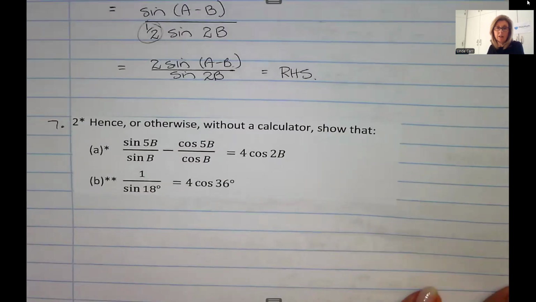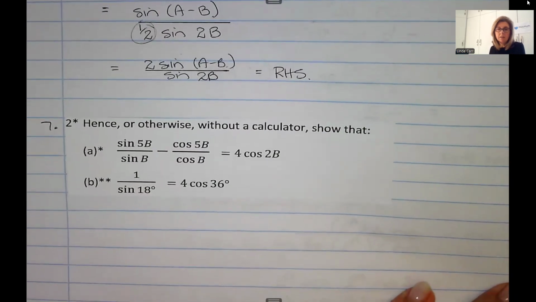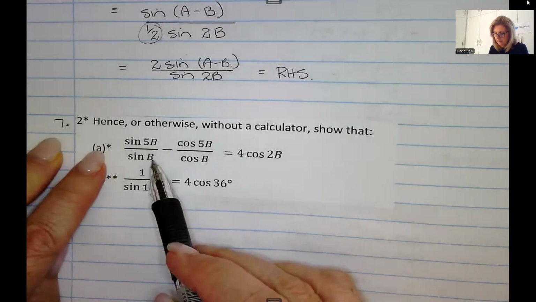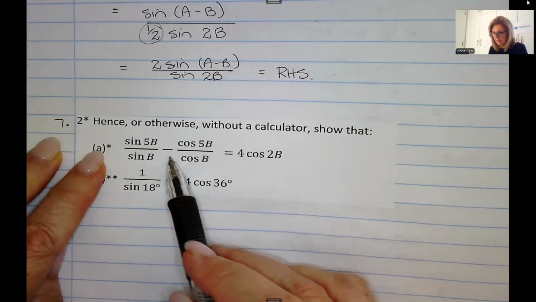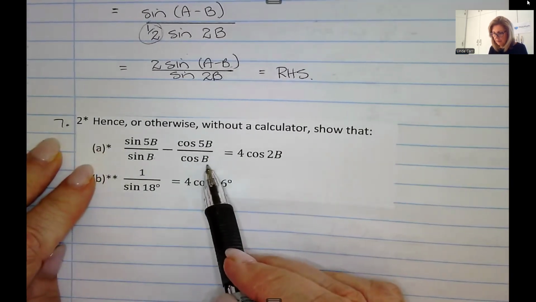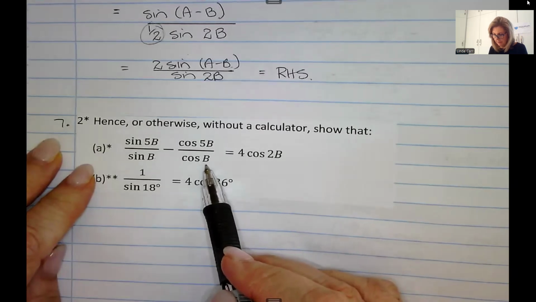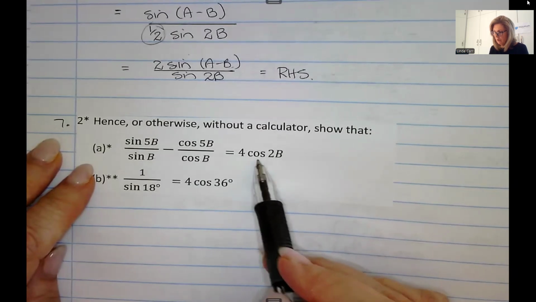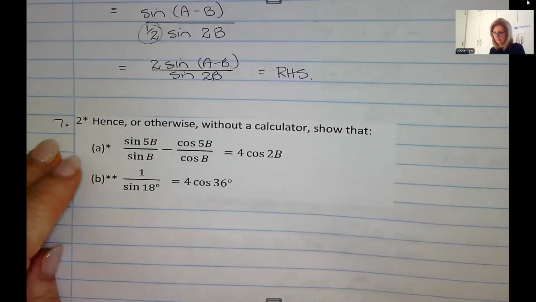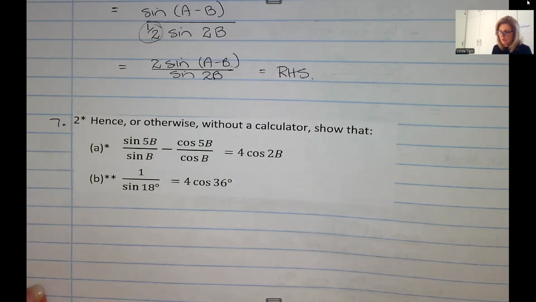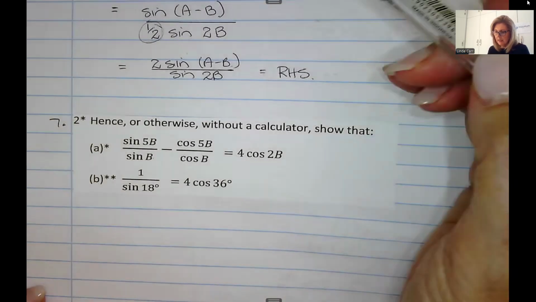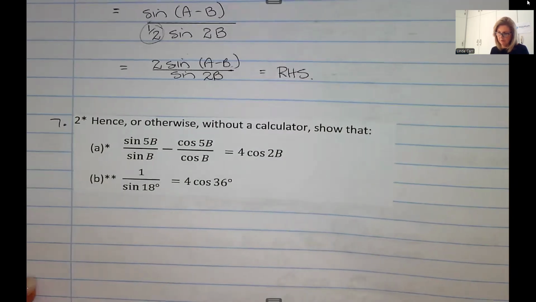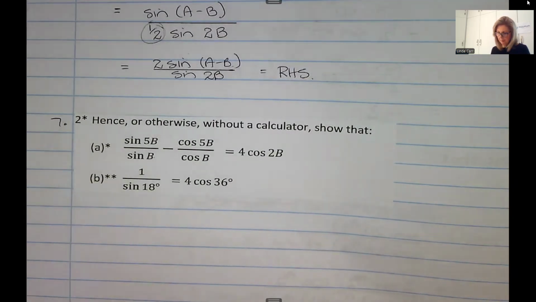hence or otherwise. Without a calculator, show that sine 5b over sine b minus cos 5b over cos b is equal to 4 cos 2b. All right, so it's a part of the previous question, just a little bit.